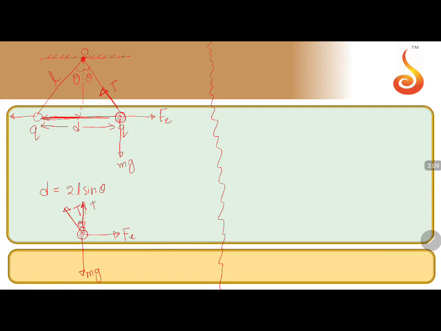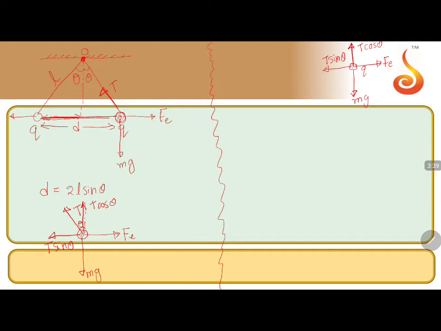T cos theta will be the vertical component, and T sin theta will be the horizontal component. Now you can also draw the free body diagram of that sphere with only components of forces: T cos theta, mg, T sin theta, and the electrostatic force of repulsion.